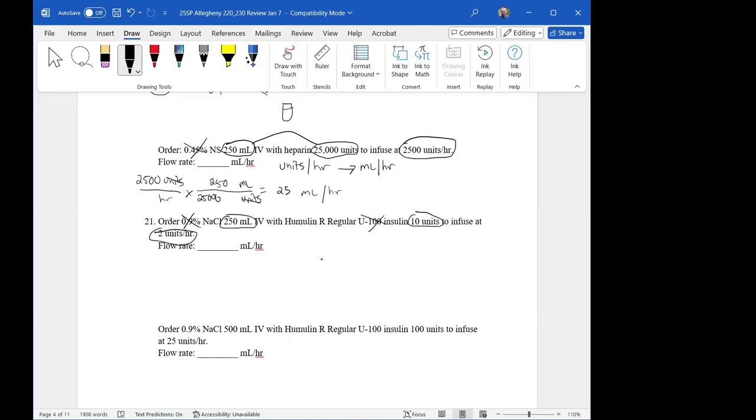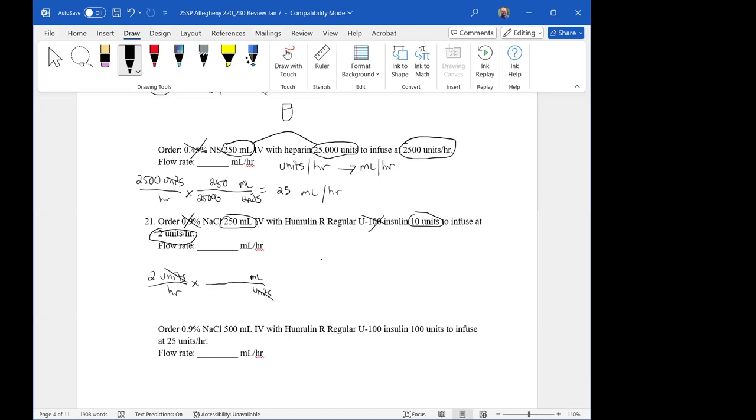So that's the information we want to use when we're trying to calculate the flow rate for this particular type of question. So I'm going to take my 2 units per hour. I'm going to do the exact same setup I did previously. You already know that we're looking to get rid of units and convert it to milliliters.